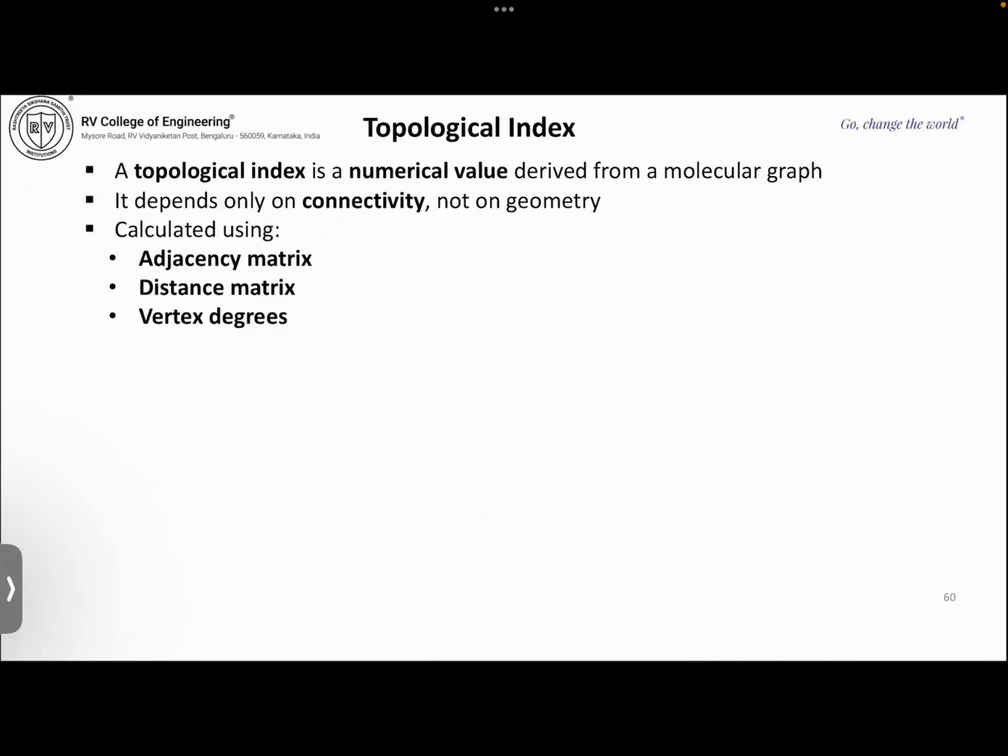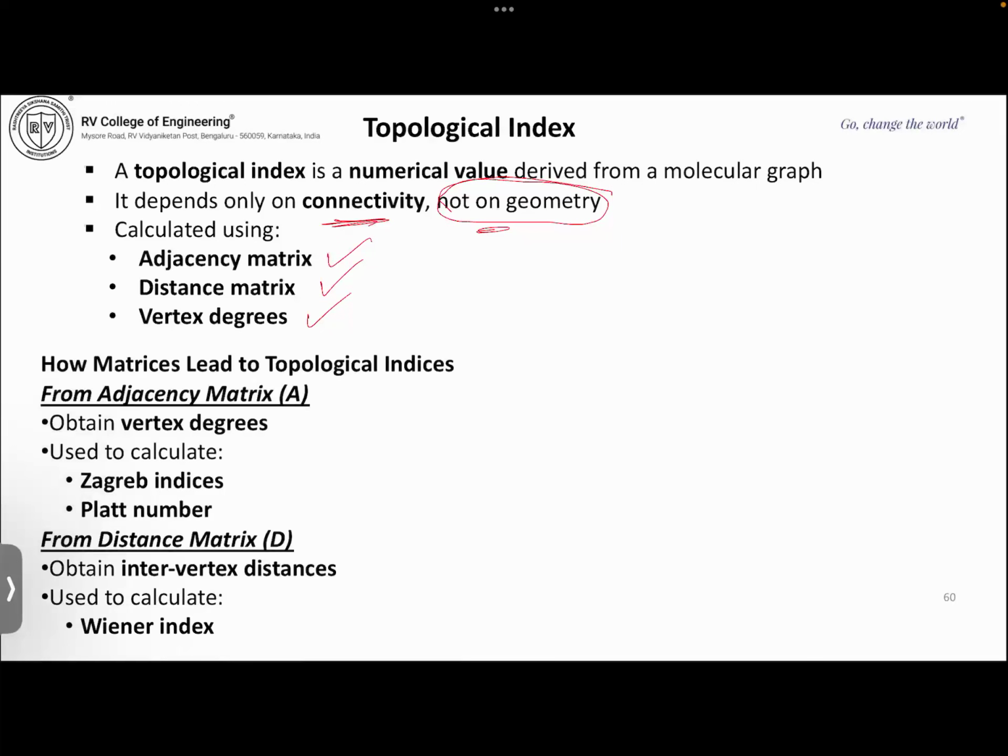A topological index is a numerical value derived from a molecular graph and its matrix representations. It depends only on the connectivity, not on the orientation in 3D or geometry. These topological indices are calculated using the adjacency matrix and distance matrix that we discussed in the second part of this video.